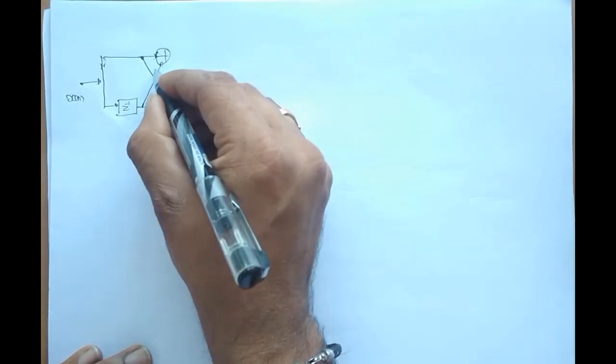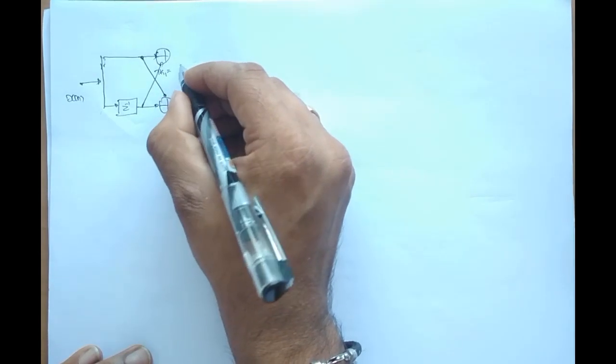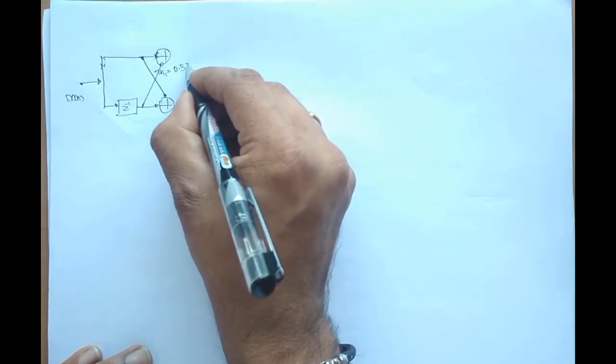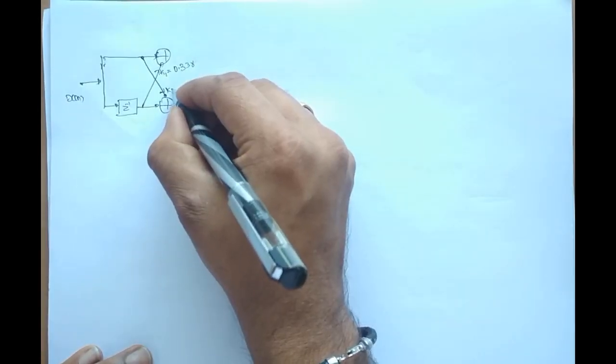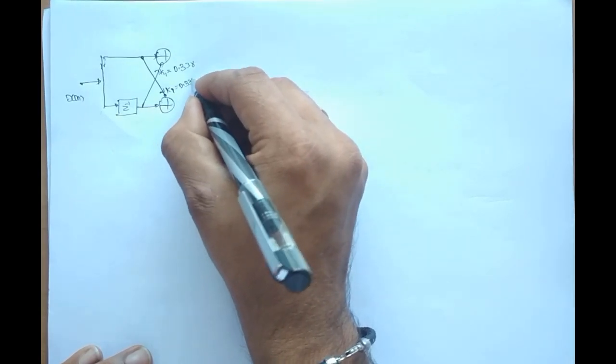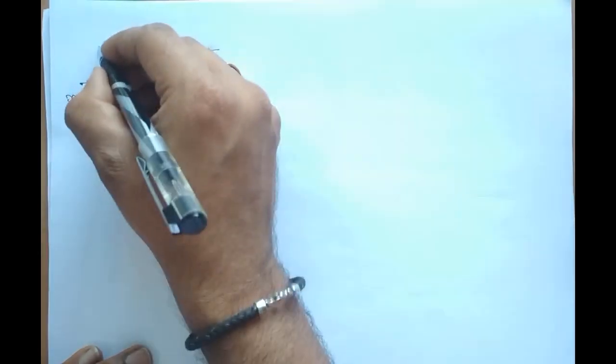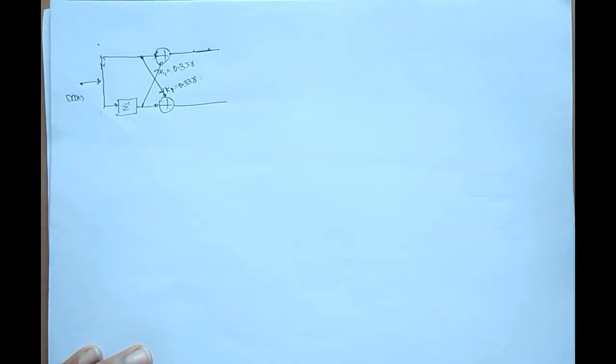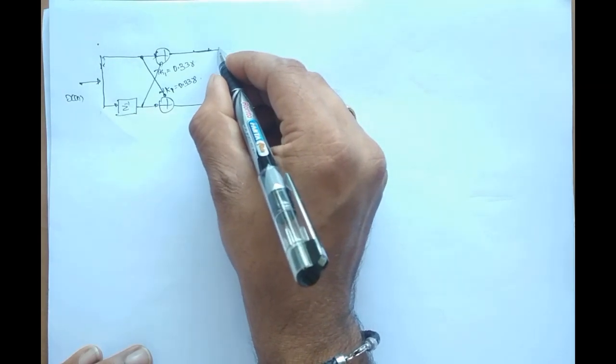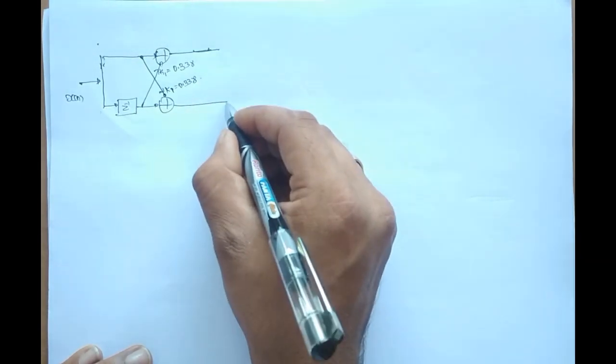This has to be multiplied with k1, which is equal to 0.338. Here also k1 is equal to 0.338. Okay, so this is the first structure, and this has to be fed to the second structure.